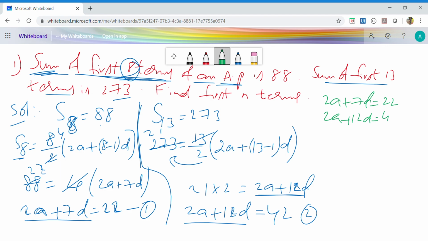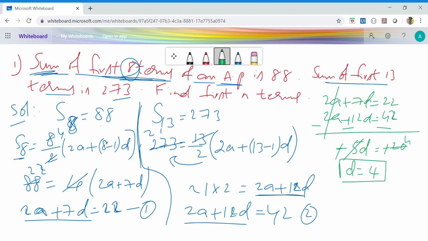Here also 42 you have to write. Then subtraction, elimination by subtraction, 2a gets cancelled. Minus 5d is equal to minus 20. Minus minus cancel. 5 will go 4 times in 20. So d is equal to 4 you will get. d is equal to 4.